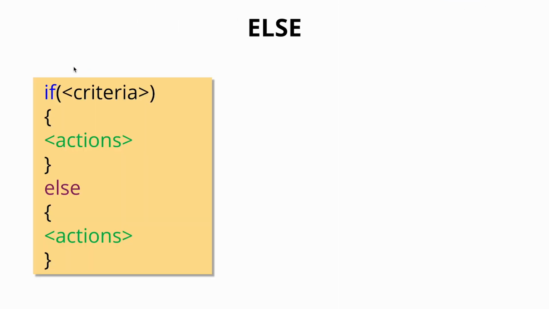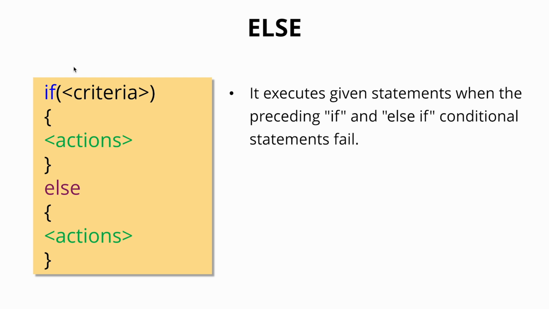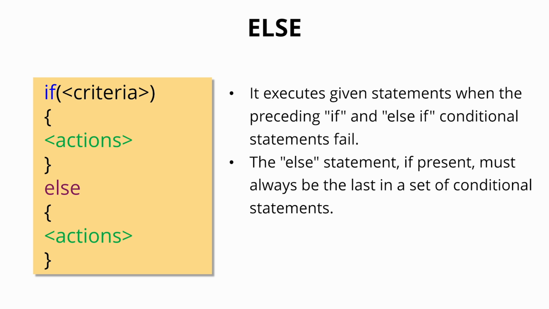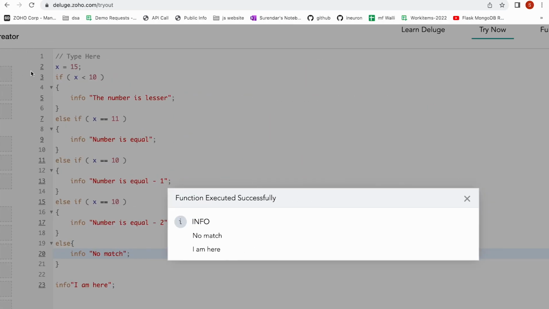Okay, let us try to understand the else condition. Whenever the if condition and else if conditional statements fail, the else condition occurs, and the else statement, if present, must always be the last of the conditional statement. So this is the order which has to be followed. Anytime we are trying to implement a conditional statement, it should start with an if, followed by else if.